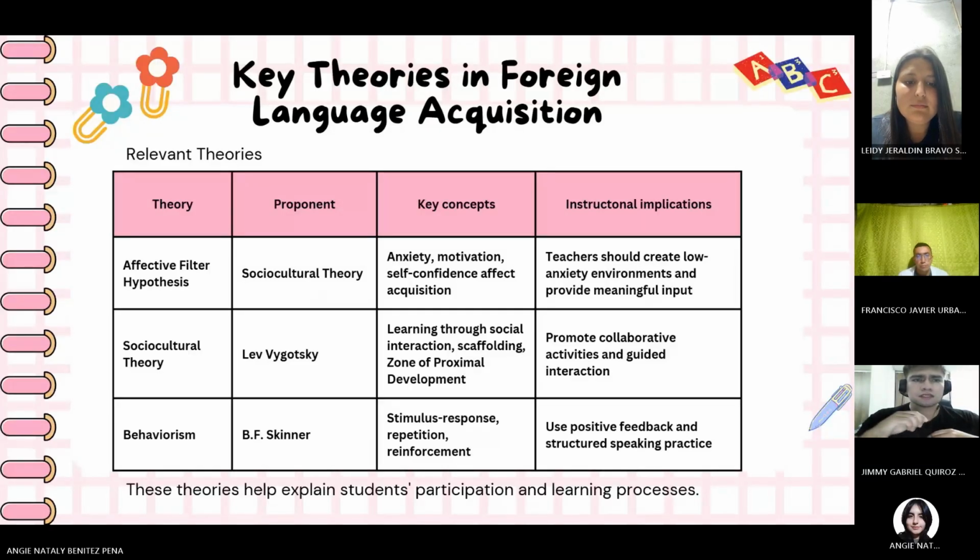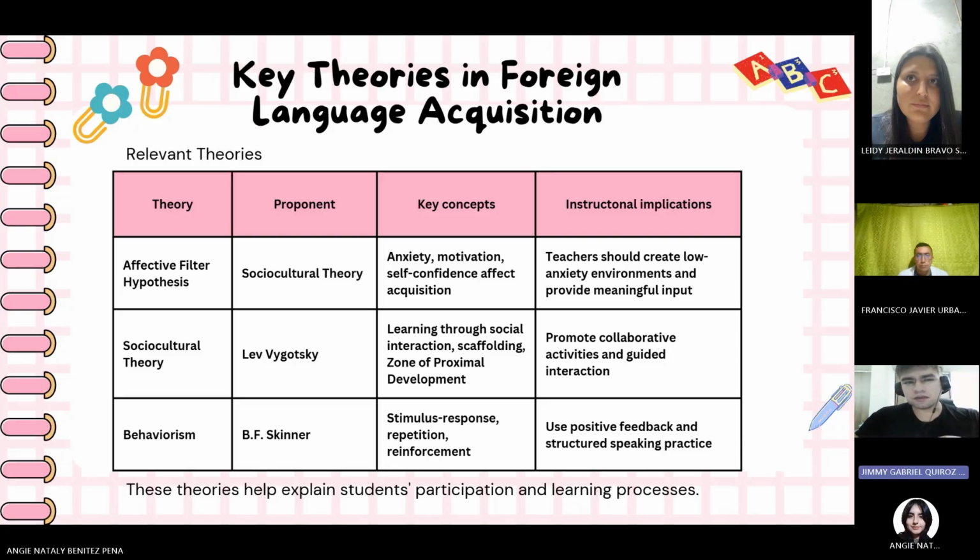So, these theories help us understand why some students participate more than others and how teachers can support them.